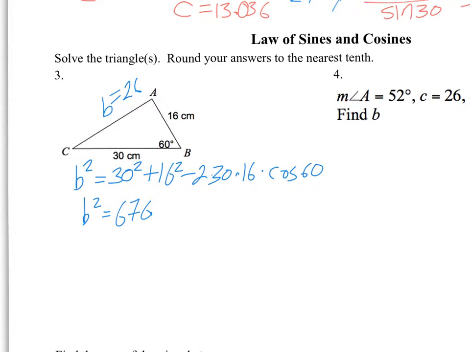So I might treat this as sine 60 over 26 is equal to sine A over 30. All right, multiply both sides by 30, and we get sine 60 divided by 26 times 30.